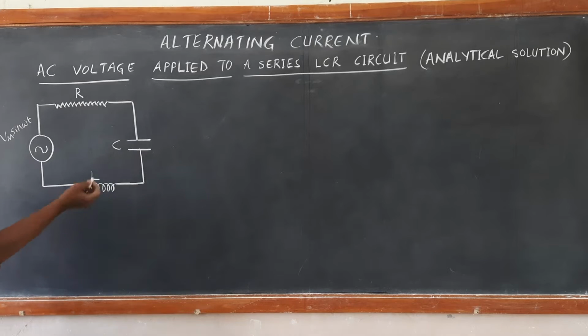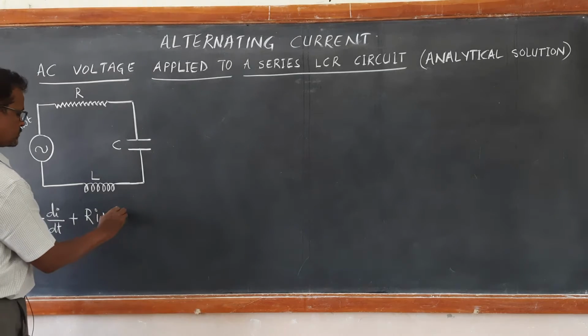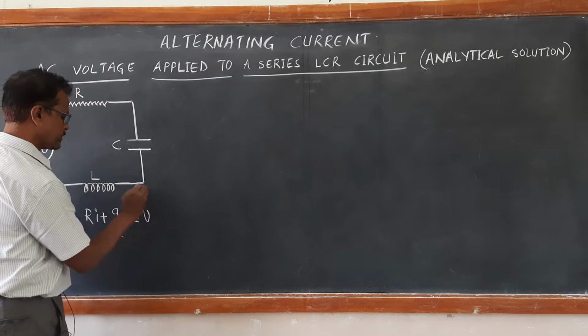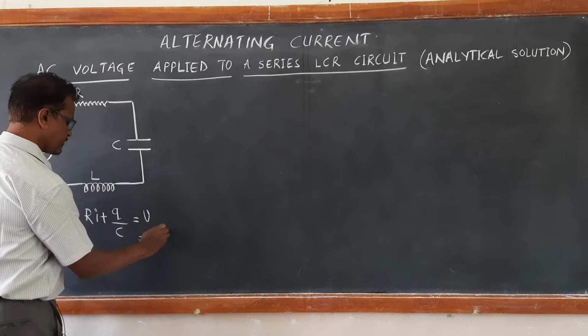In the previous video, we learned the total voltage here as L di by dt plus Ri plus Q by C is equal to the total voltage V, where V is equal to Vm sin omega t.